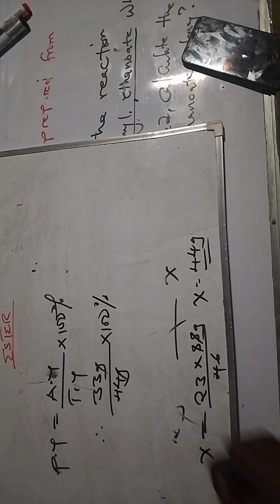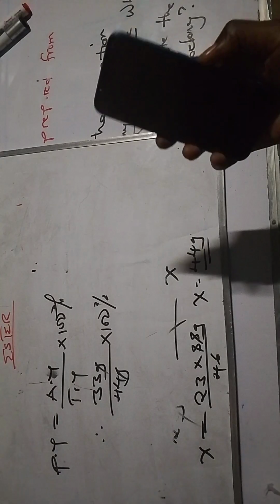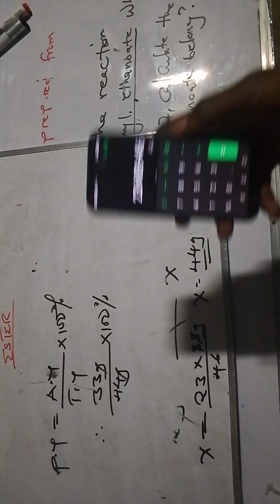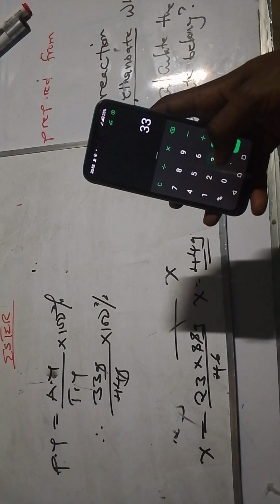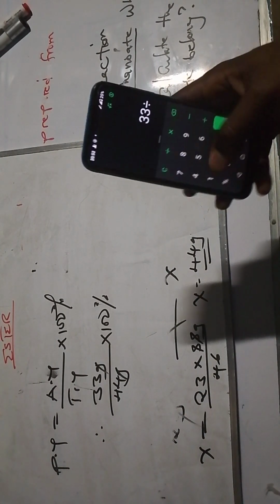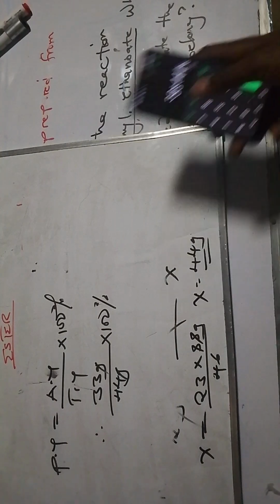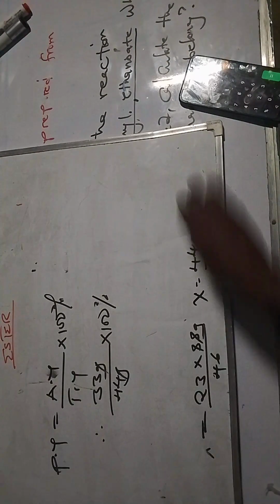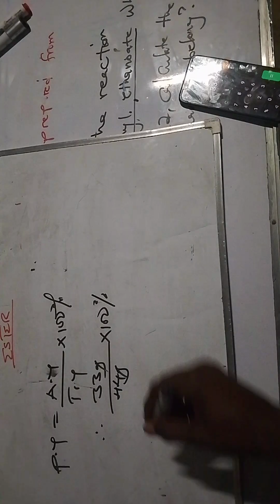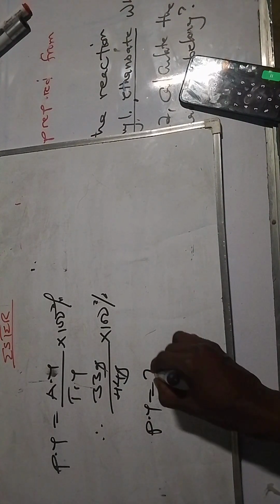So the grams will cancel. So my answer now will be like this. We have 33, we divide by 44, then percentage, 75. So we are saying percentage yield is equal to 75%.